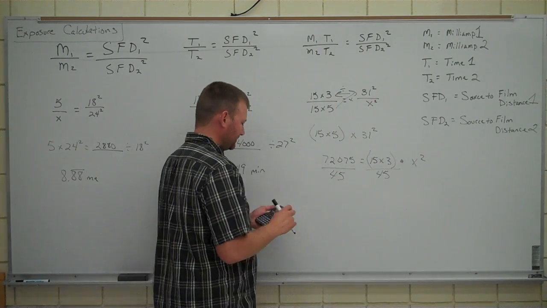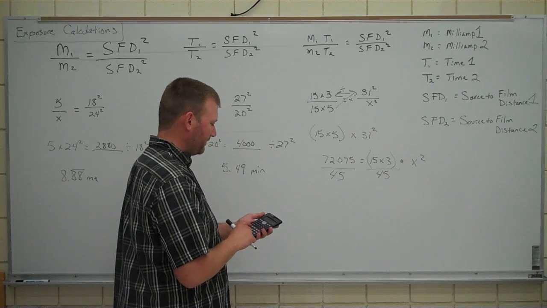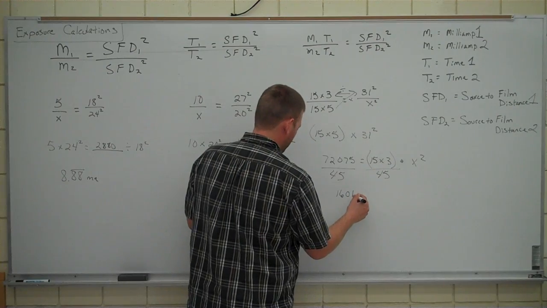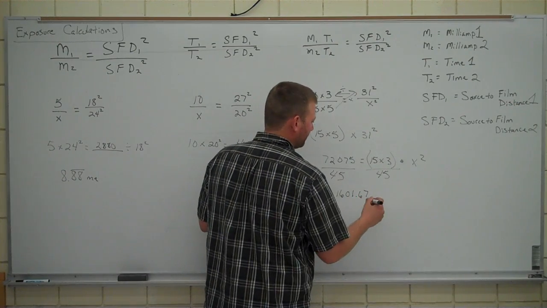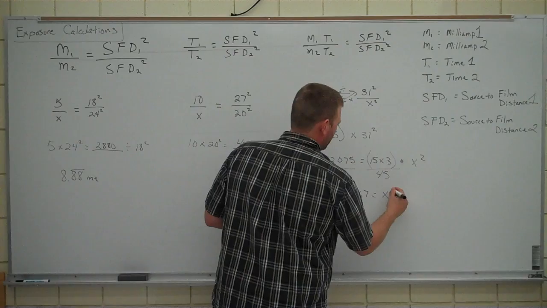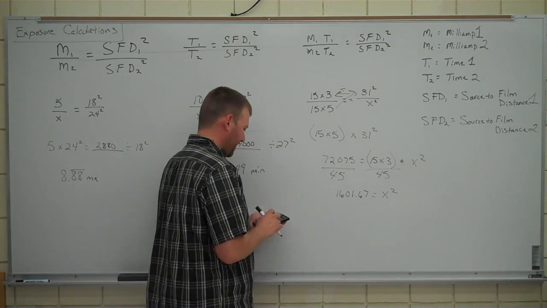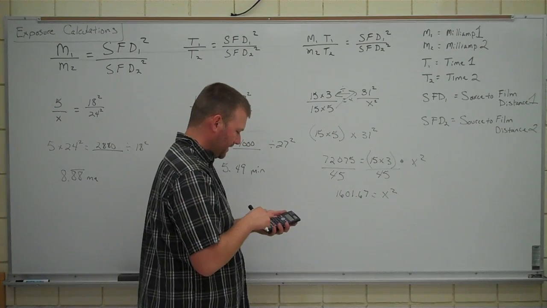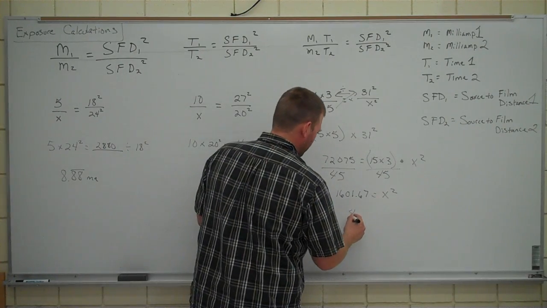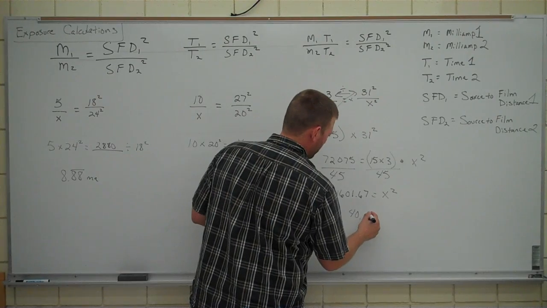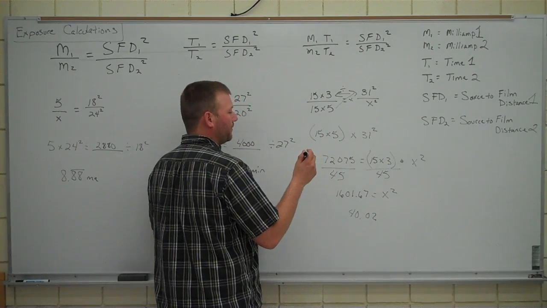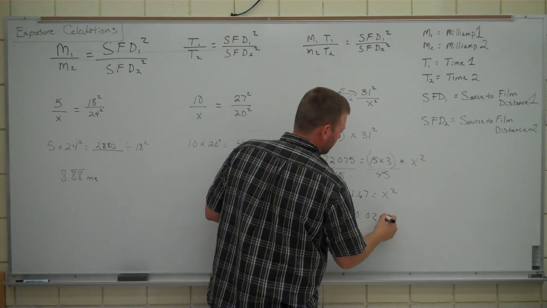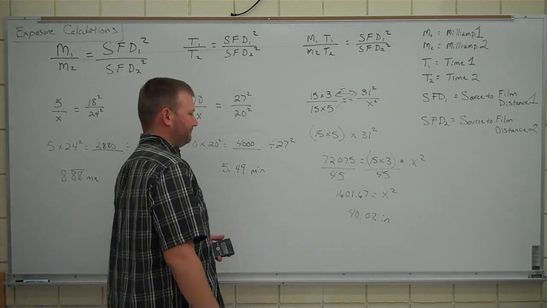So 72,075 divided by 45 is 1601.67, and that equals x squared. So the square root of x squared gives you x, so we have to square root this side as well. We square root that, and we come up with 40.02, and we were looking for source to film distance 2, so that is going to be in inches.